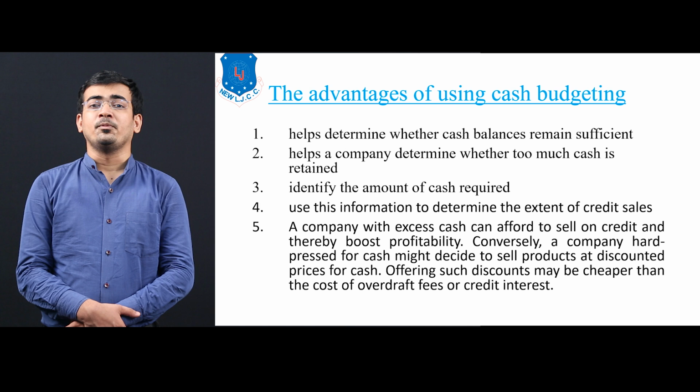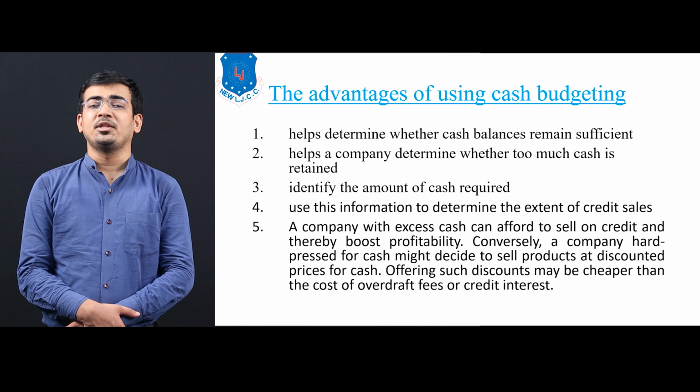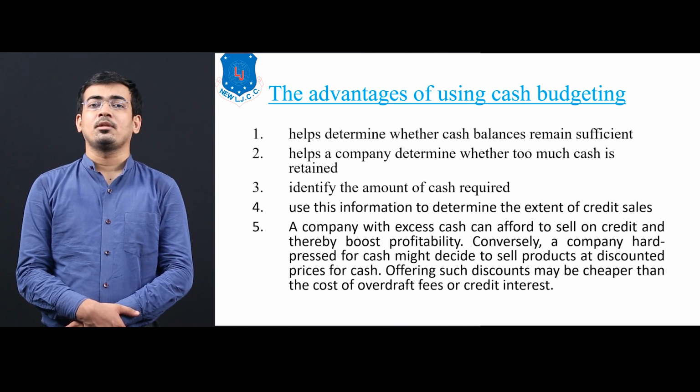We also know from the cash budget the cash amount required. Number 4, use this information to determine the extent of credit sales, that is, how much credit period we are going to give to our customers. We can compare with other industry and take the decision.